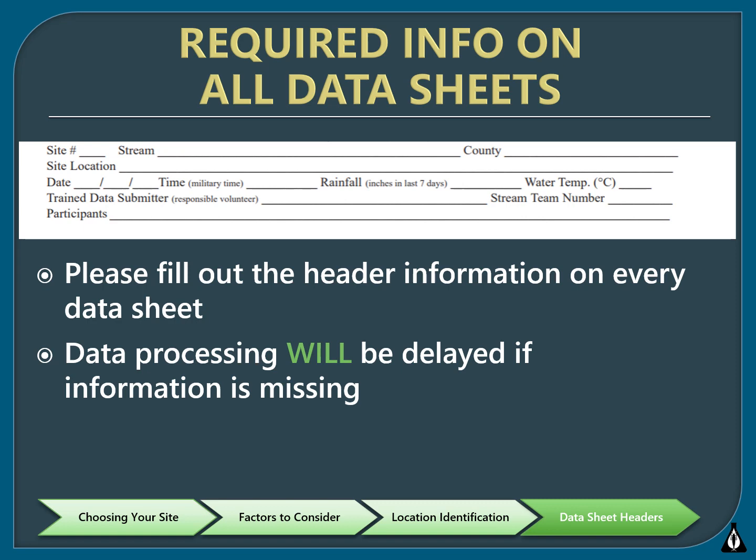If you're missing information or if some information is inconsistent, we will follow up with you, and there may be some delays in us entering that data for you. If you have questions, please feel free to reach out to any Stream Team staff and we can help you.